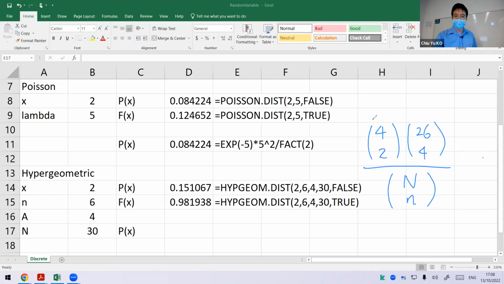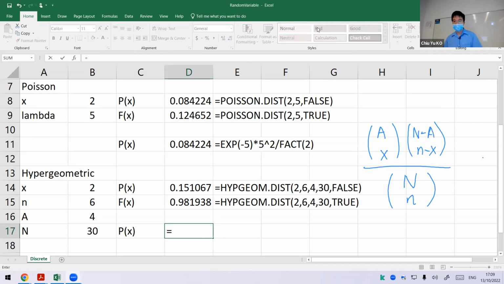Oh, I should be writing the formula. It should be a over x, times N minus a over n minus x, over N over n. So this is just 4 over 2, 26 over 6 minus 2, which is 4, and 30 over 6.